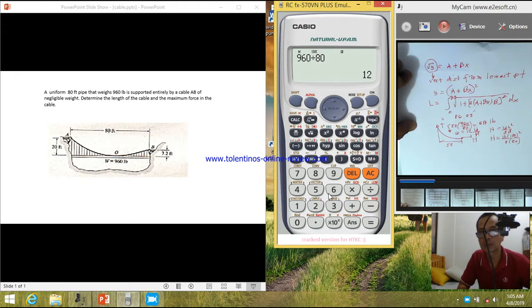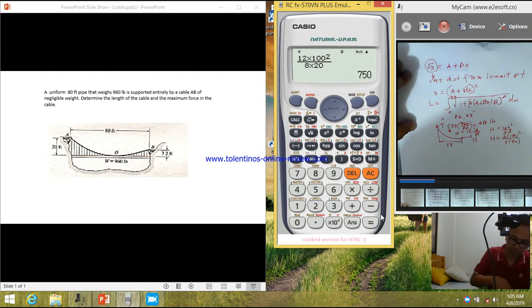So what is that? In mode 1, 12 times 100 squared over 8 times 20 gives you 750. H is 750 pounds.